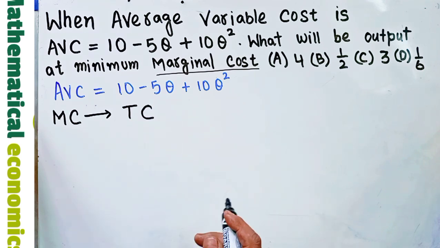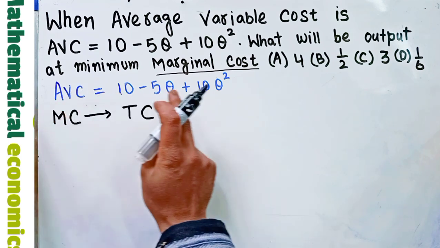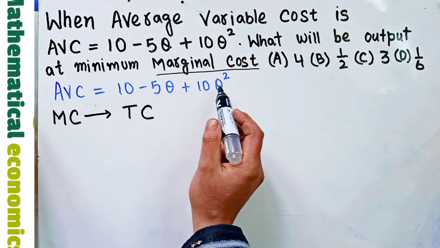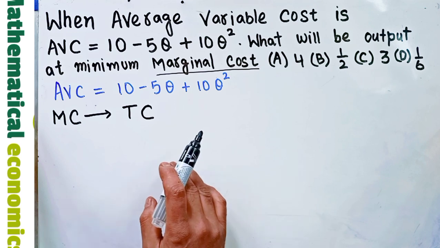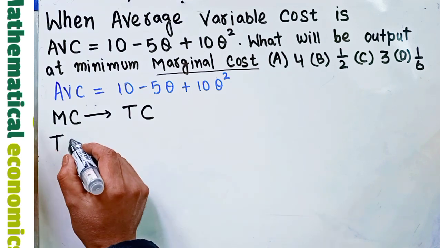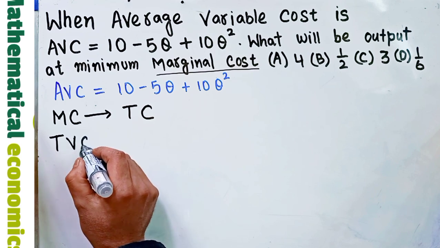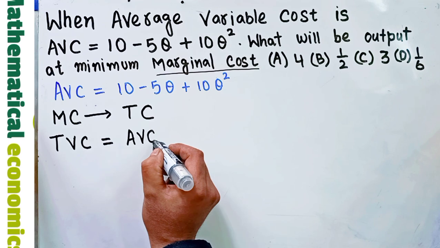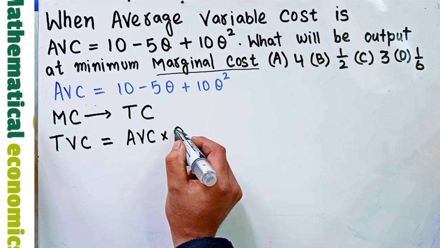Now, since we are given the average variable cost here, first we need to find out the total variable cost. And what will be the total variable cost? Total variable cost will be equal to average variable cost times output.